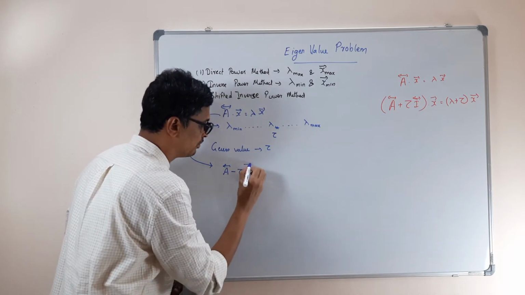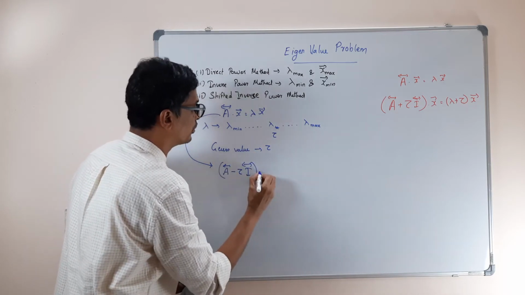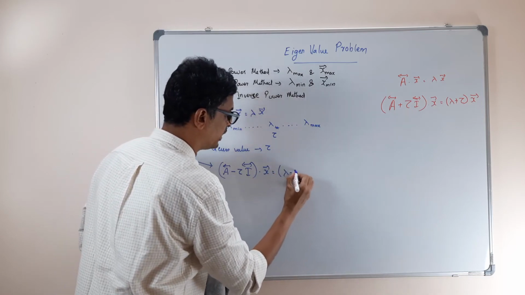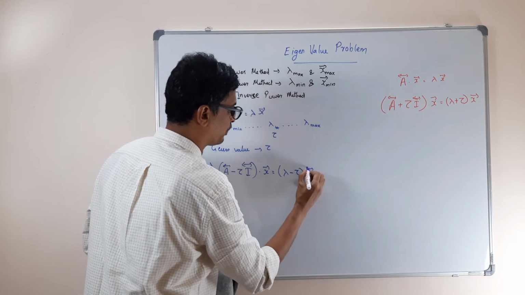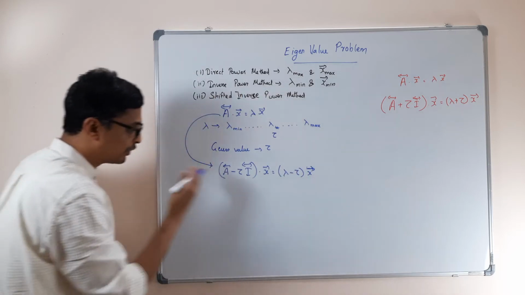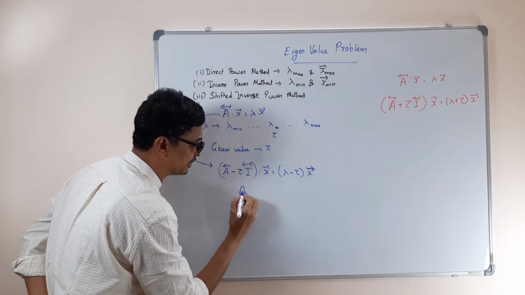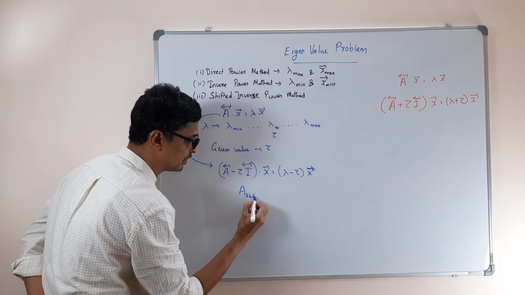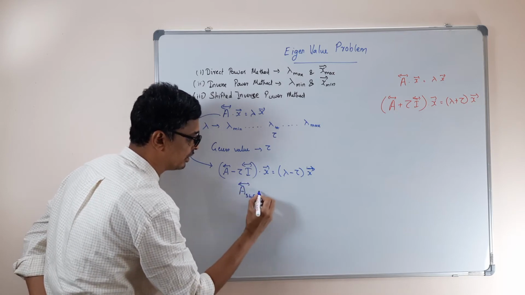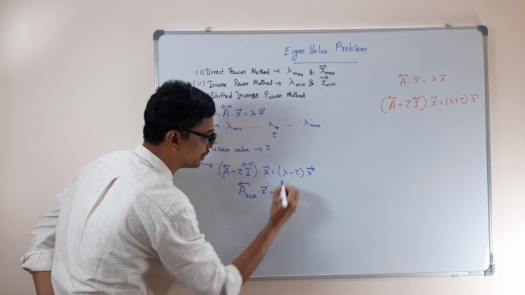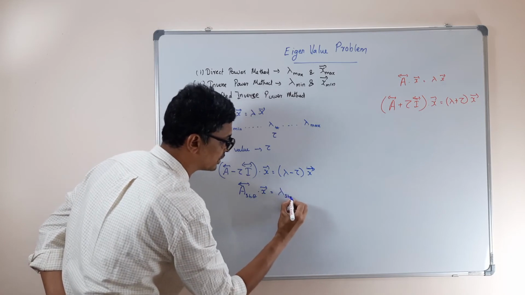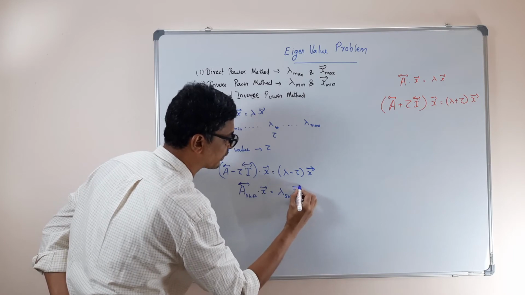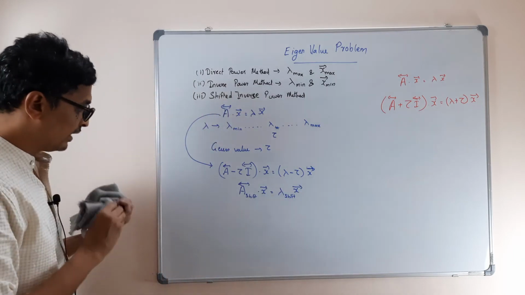This I call A shifted, because this is a new, shifted matrix, so A shifted dot x equals λ shifted times x.